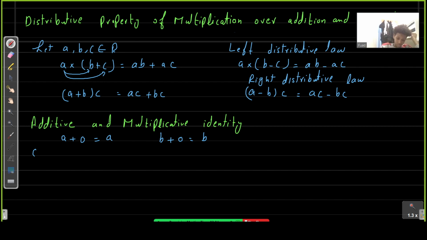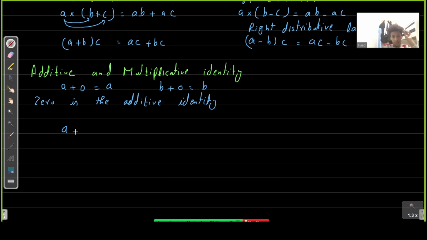So I'm going to write here: 0 is the additive identity. For the multiplicative identity, which number will not change any other number if we multiply that number with it?